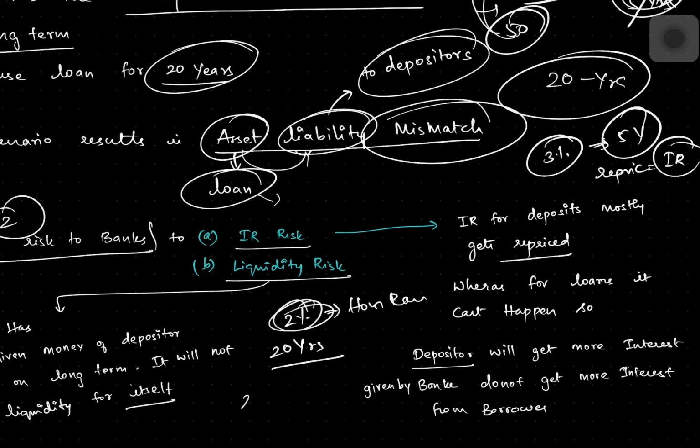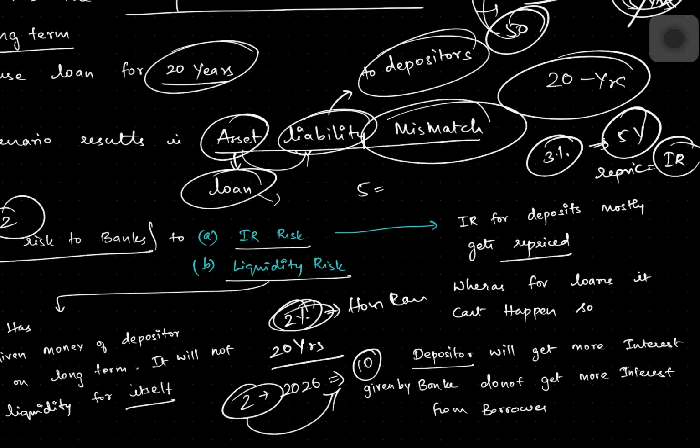Say today it is 2%. After 2026, I'm changing the interest rate to 10%, based on that time's bank's current situation. Will you pay this extra interest? It is not possible. So this is the problem here. Now the bank has to pay more interest to the depositor after 5 years.